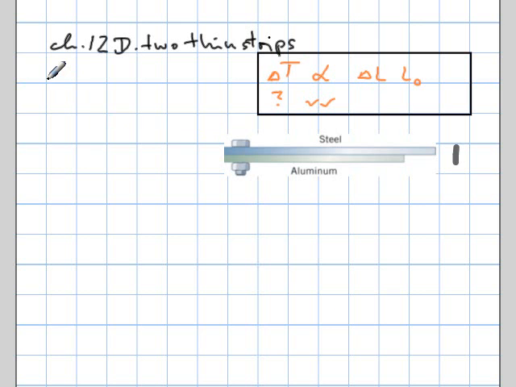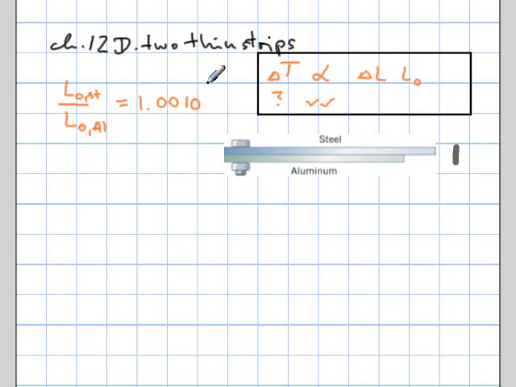What is given is that the steel strip, that the L0 of the steel, divided by the L0 of the aluminum, is given, and it is 0.1% longer. So I'm going to put that 1 right there, and then we can see that this one here is 0.10% longer, and of course this is a ratio here, so it doesn't have units. So that's basically what's given.